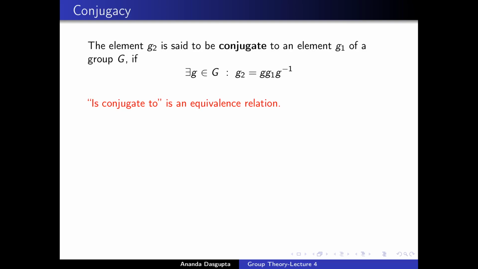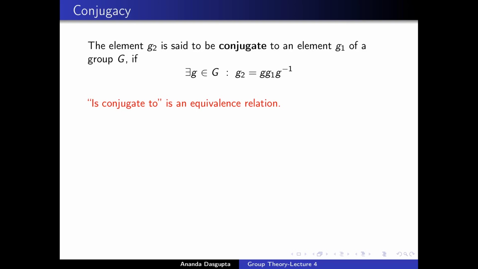Hence, reflexivity is satisfied. What about symmetry? If G2 is g G1 g inverse, it's very easy to see that G1 is g inverse G2 g. But since g on the right here is actually the inverse of g inverse, this really is of the form G1 is g inverse G2 g inverse inverse, which means that in this case it is g inverse which mediates the conjugation.